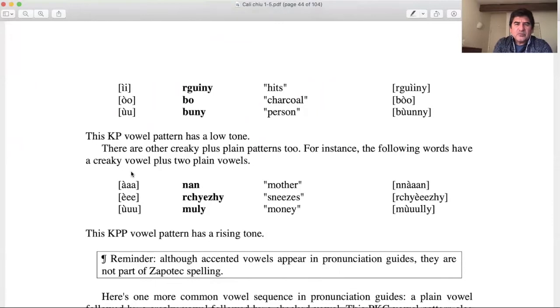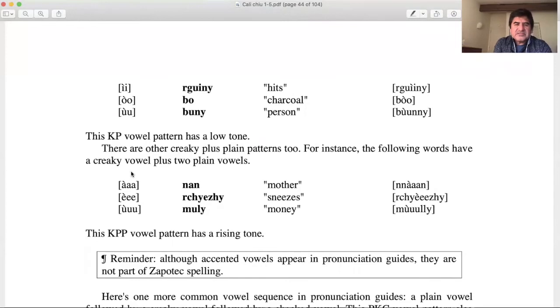Person, boing, boing. Okay, and then we have the next set of vowels. So we have a creaky, plain, plain vowel. Okay, so listen to the pronunciation, nan, nan.